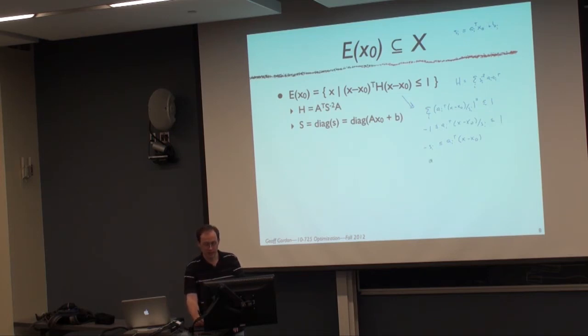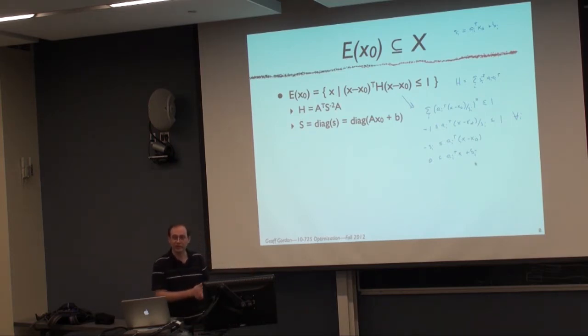So we'll get 0 is less than or equal to ai transpose x plus bi. Okay? So very, very simple proof. And this shows that x is feasible because it satisfies the inequality constraints for all i. So very, very simple proof that the Dikin ellipsoid is contained in the feasible region.